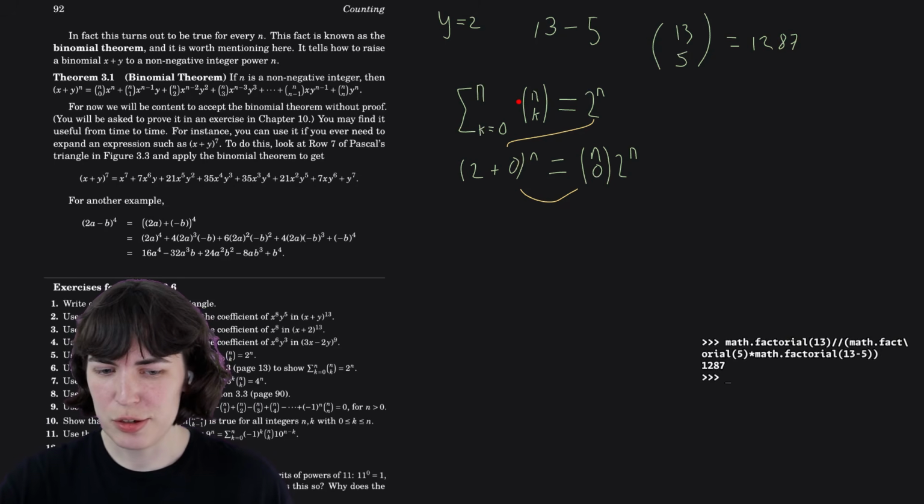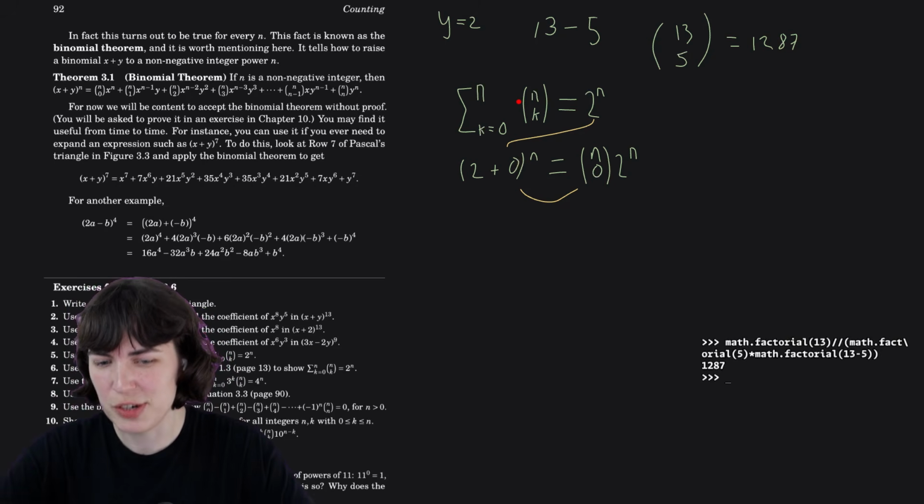Check94 says, you chose 2 equals 2 plus 0 and simplified the binomial theorem enormously. Perhaps you can simplify it in another way. That's true.